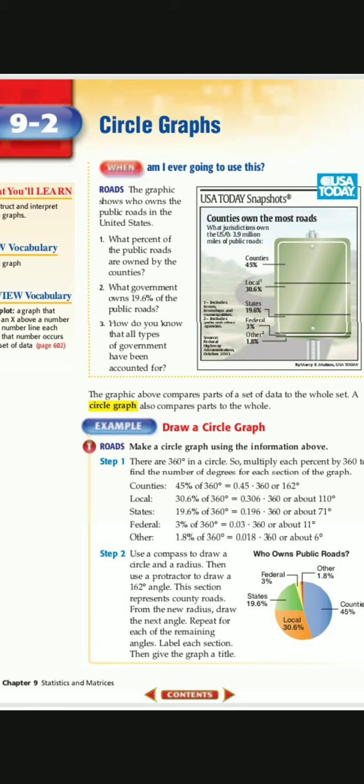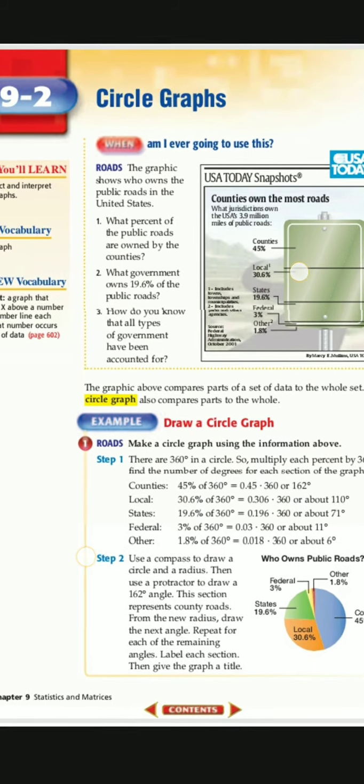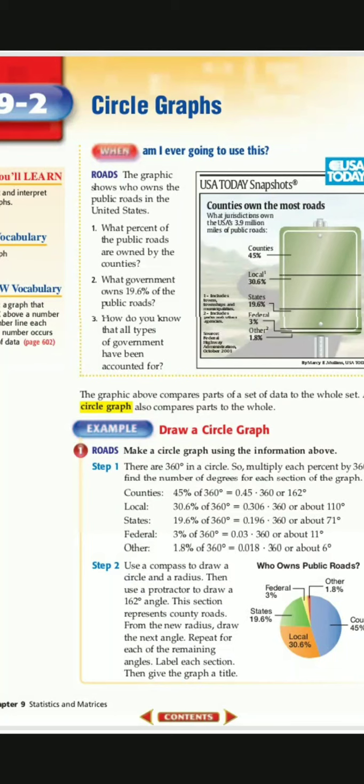Counties 45%, local 30.6%, states 19.6%, federal 3%, other 1.8%.